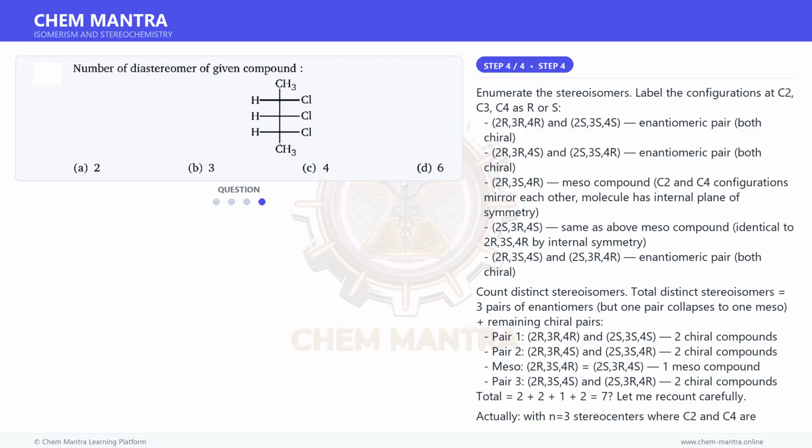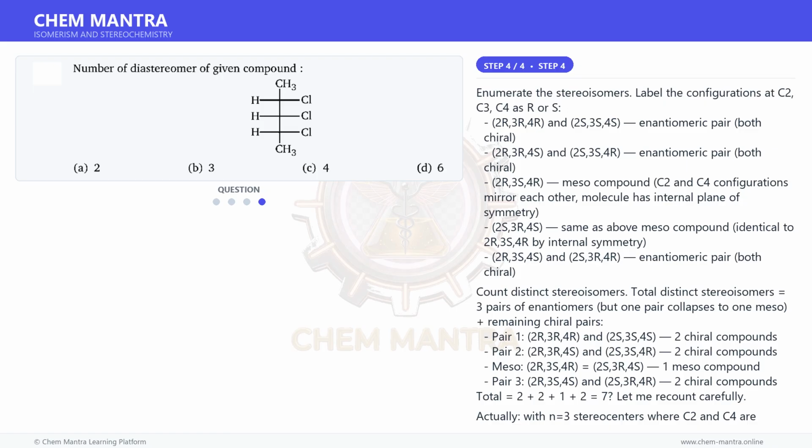Count distinct stereoisomers. Total distinct stereoisomers equals 3 pairs of enantiomers, but 1 pair collapses to 1 meso, plus remaining chiral pairs. Pair 1, 2R, 3R, 4R, and 2S, 3S, 4S: 2 chiral compounds. Pair 2, 2R, 3R, 4S, and 2S, 3S, 4R: 2 chiral compounds.